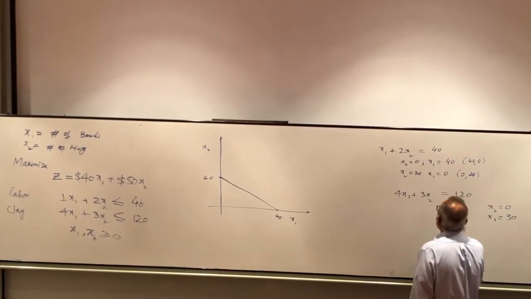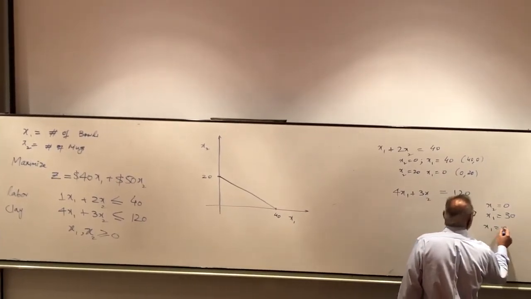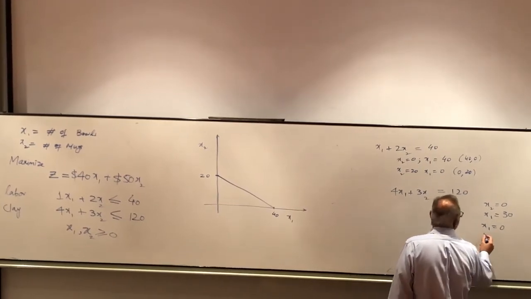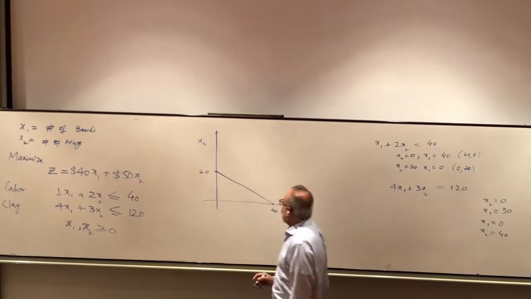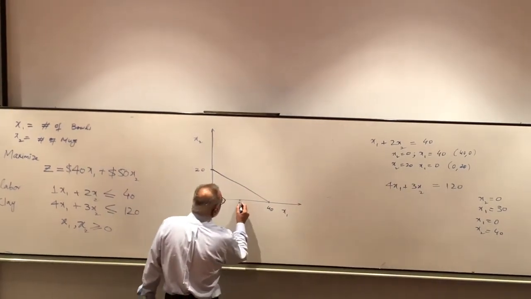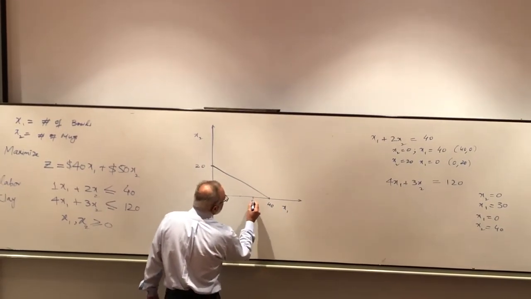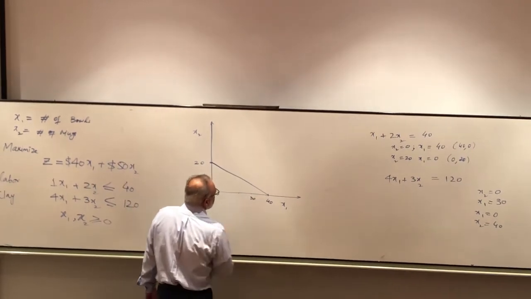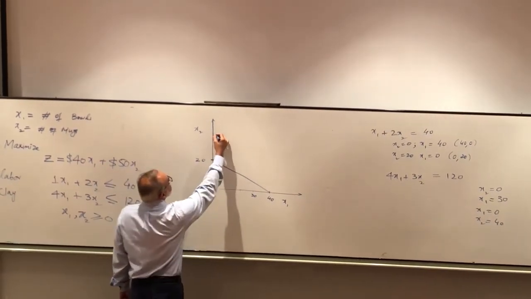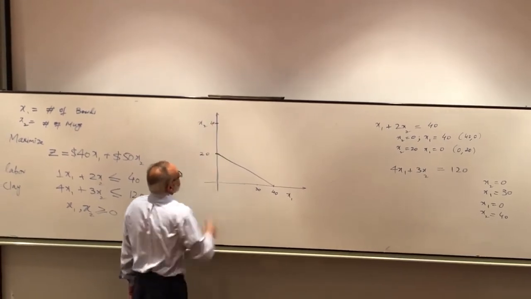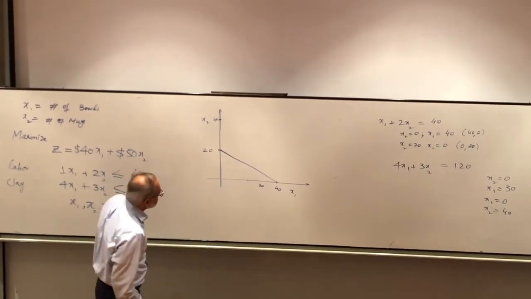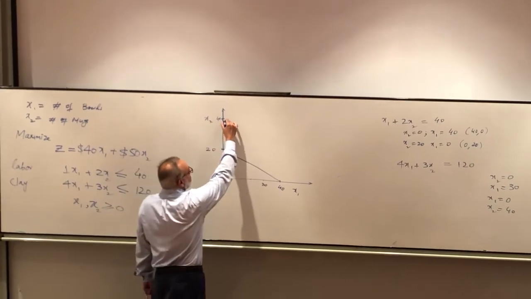And when x1 equals to 0, x2 will be equal to 40. So we have, let's say this is 20 here, then this may be around 30 here, and this is 40. Double of that. And we just join.